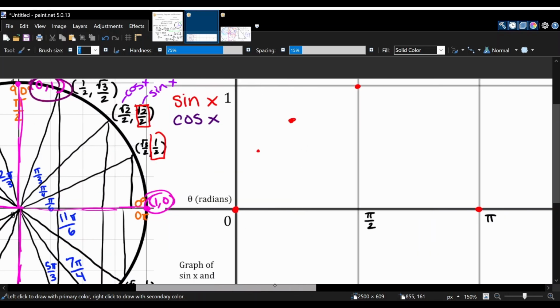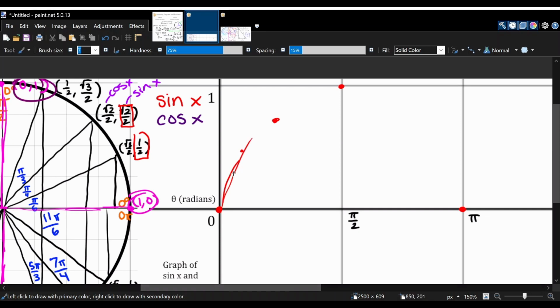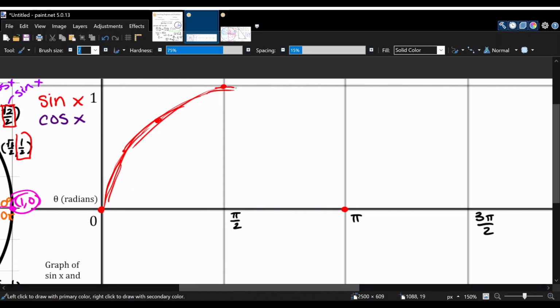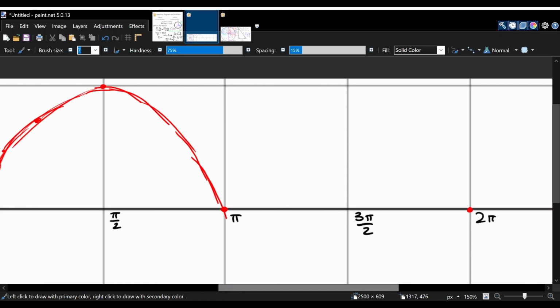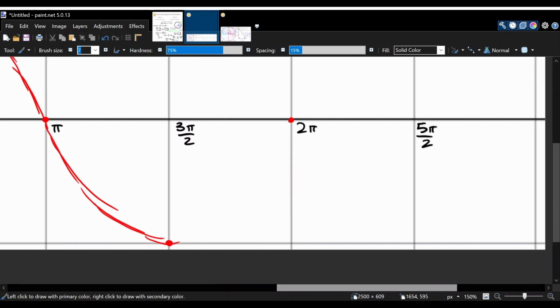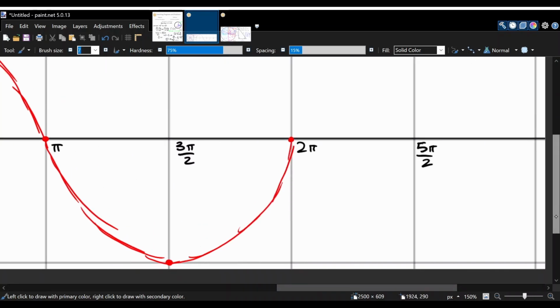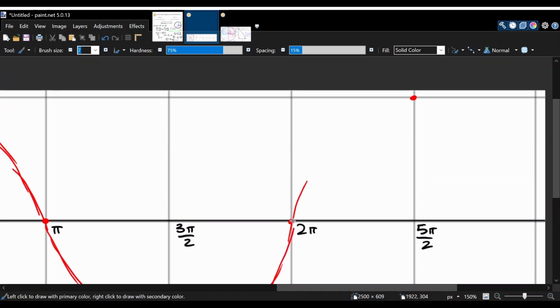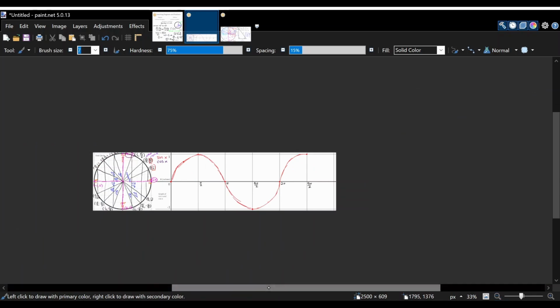And you may notice that it kind of just looks like a curve. And if you test more points along here, you'll see that it curves back down as well, and it just continues like that as we go along the graph. There we go. And that is our graph of sine of x.